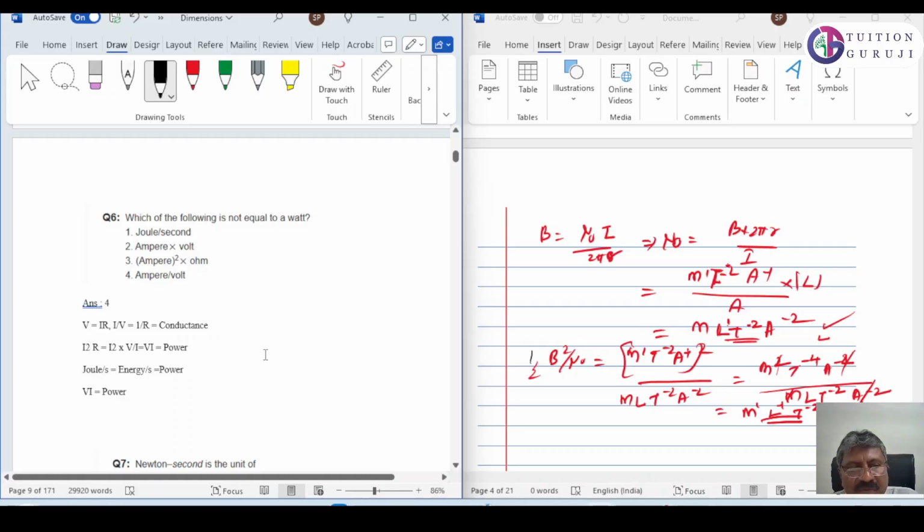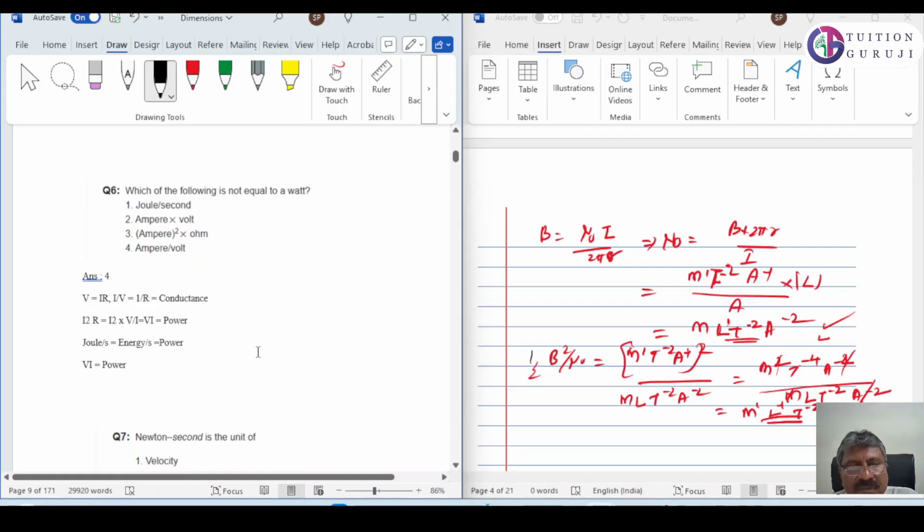So ampere per volt is not equal to watt.